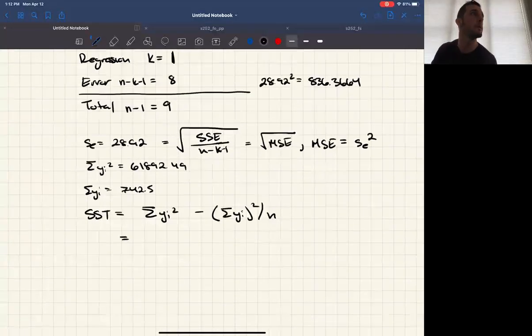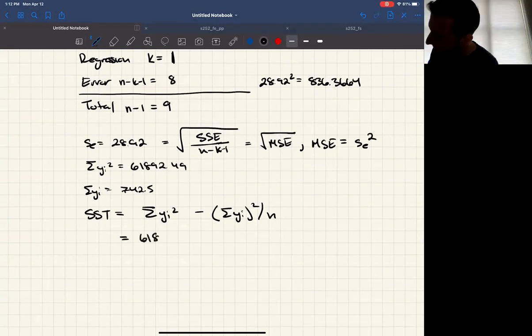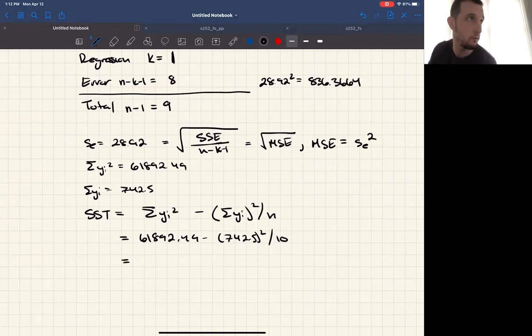So this is going to be 61,892.49 minus 742.5 squared divided by 10, which is equal to 6,761.865.